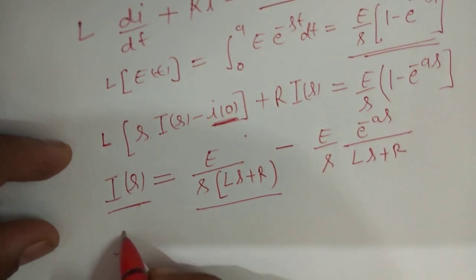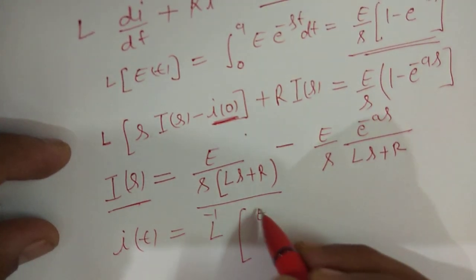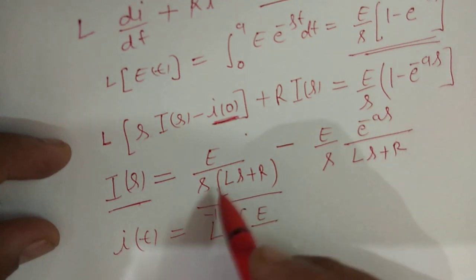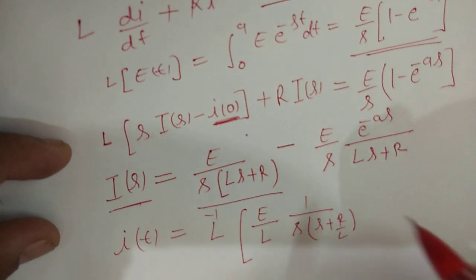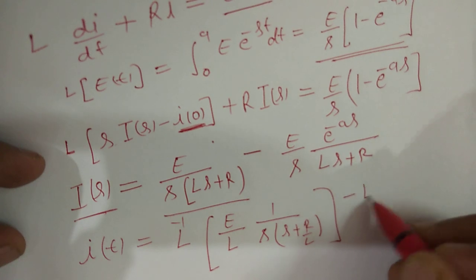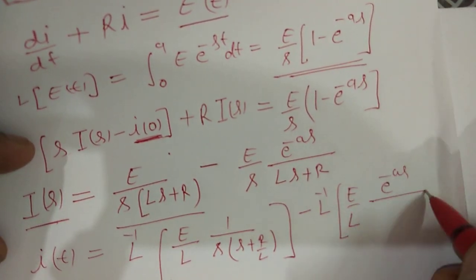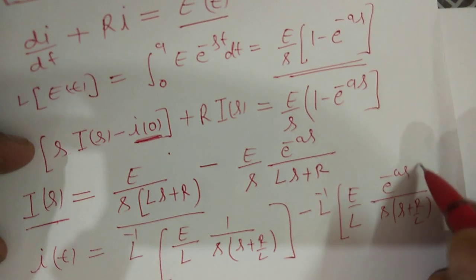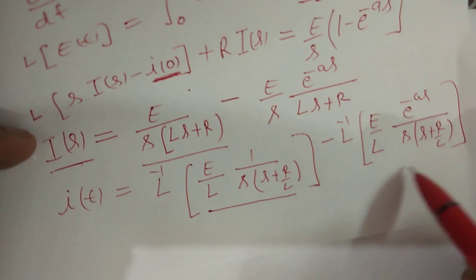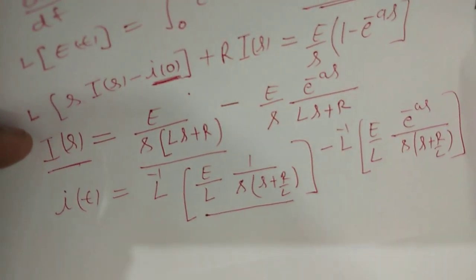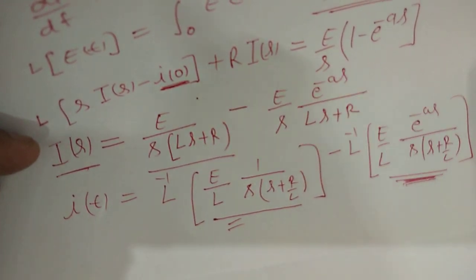The left hand side will be I(t), and the inverse Laplace of E/L times 1/(s(s + R/L)), minus the inverse Laplace of E/L times e^(-as)/(s(s + R/L)). Taking E/L common, if you see carefully, to find the inverse Laplace of the second term we can use the unit step function directly, with no need to get it separately.